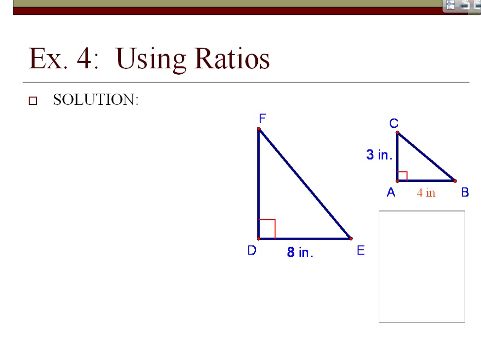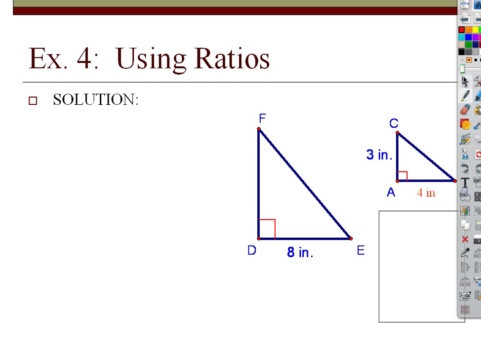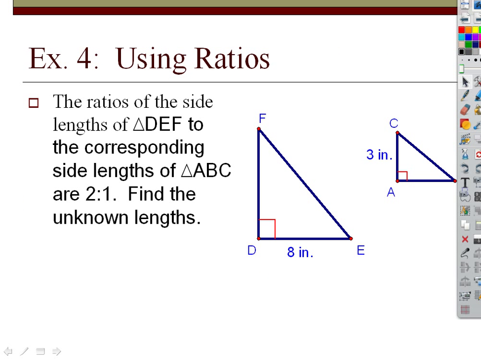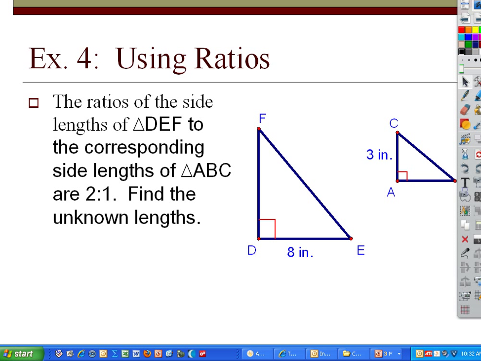Now what about this case where we're given the ratio of side lengths of these two triangles, DEF and ABC, as 2 to 1. That's telling us how we're scaling this thing up. This one has been shrunk, so this is half as big as this one.